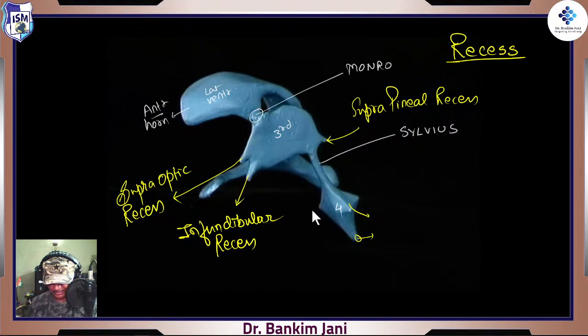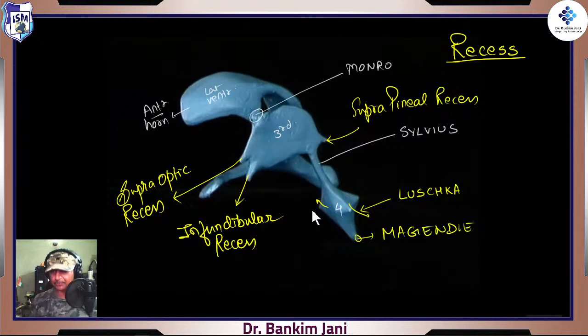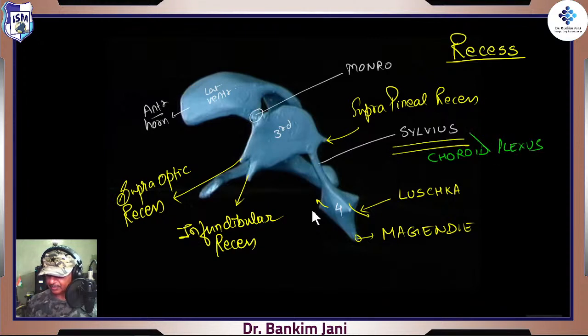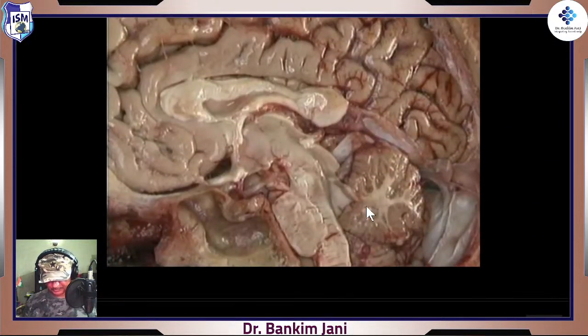Those laterals, which will be on both sides, are the foramina of Luschka, and the one which is medial is the foramen of Magendie. We'll actually see this foramen. For the cerebral aqueduct of Sylvius, we'll write very clearly that choroid plexus is not present.